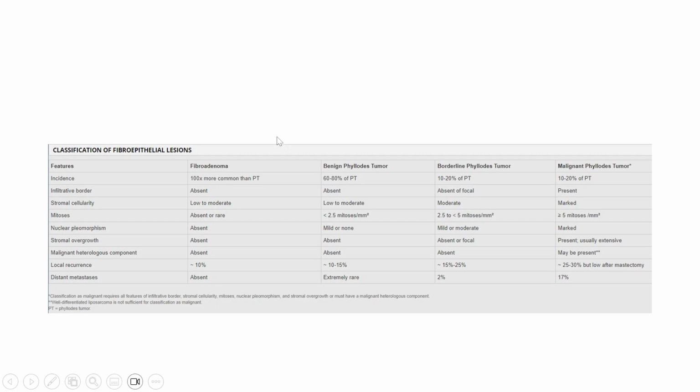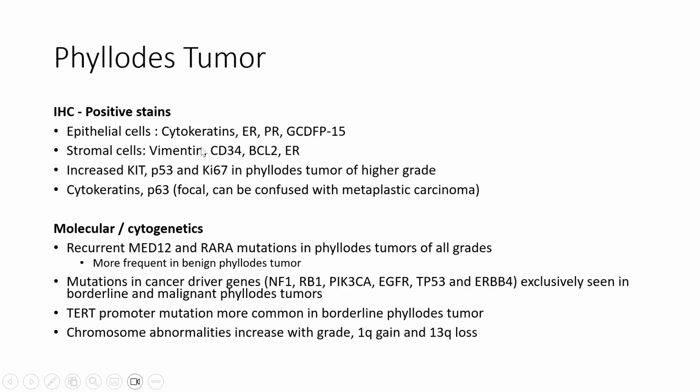And then there's another table to summarize and compare fibroadenoma, benign, borderline, and malignant phyllodes. The IHC staining for the epithelial cells is just like the normal epithelial component, and then the stroma usually shows positive CD34. And I don't think other markers are really helpful.